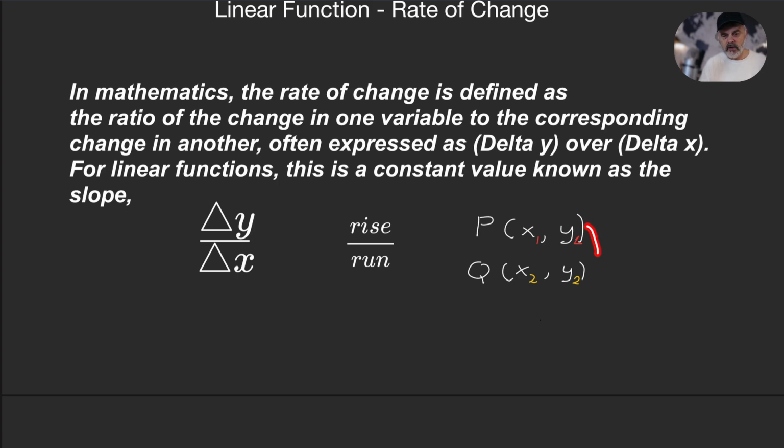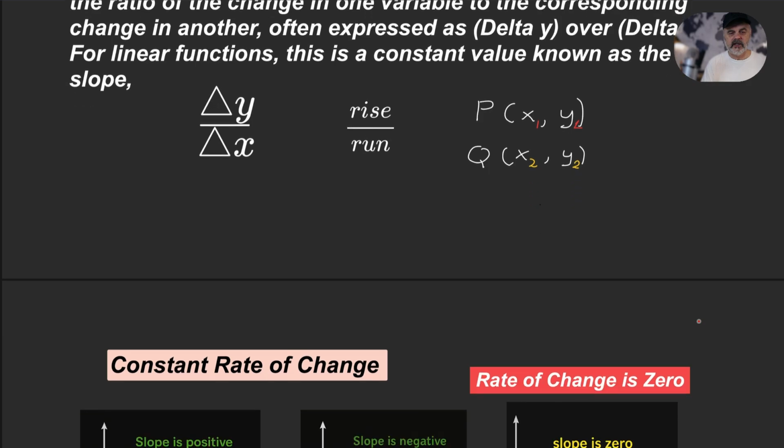The spread in y is delta y, the Greek letter delta used in the symbol of a triangle. That's the vertical spread between those coordinates, y2 minus y1, and the spread between x values on the Cartesian plane. So now you start seeing the more focused application of rate of change.